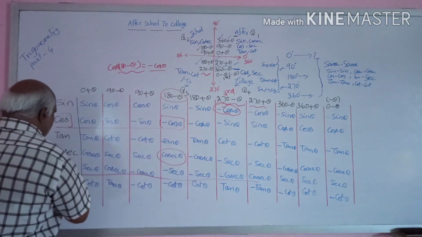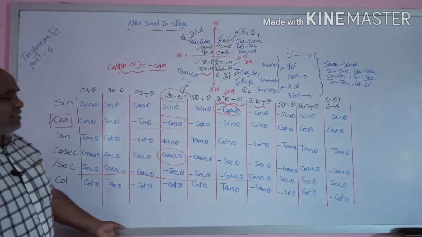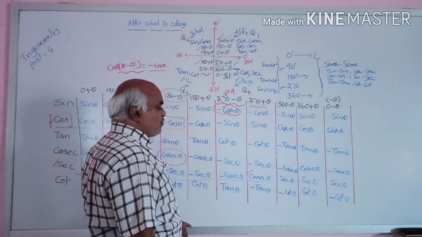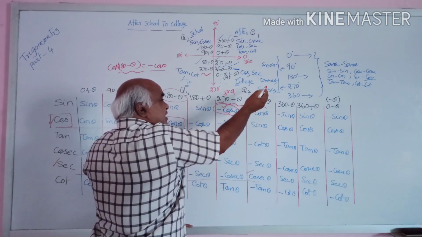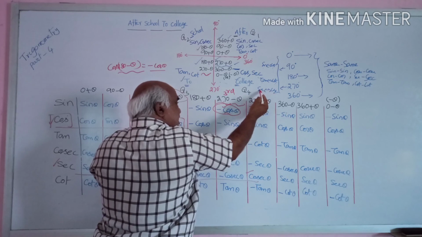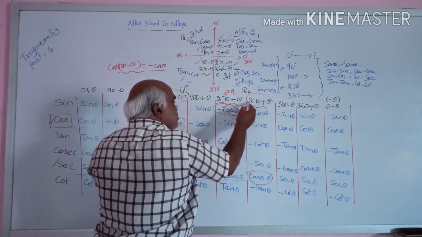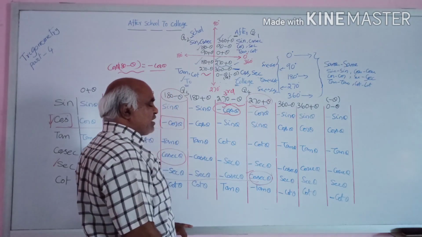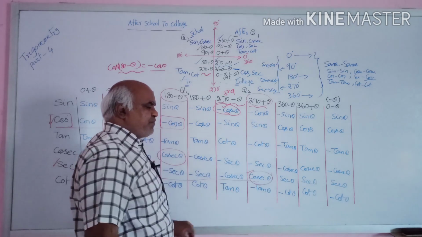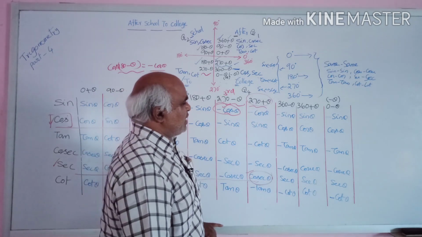Therefore, secant is positive here. For 270, for secant you can write cosecant. Therefore, secant of 270 plus theta is cosecant theta. Like this, you can fill all the 60 formulas in a single table, in a single stretch. Okay, bye.